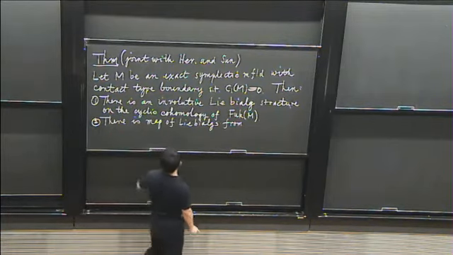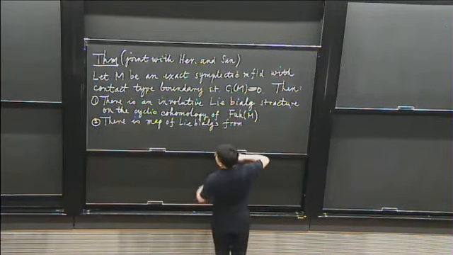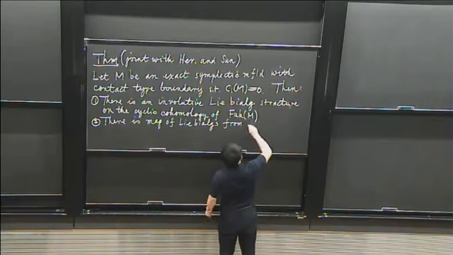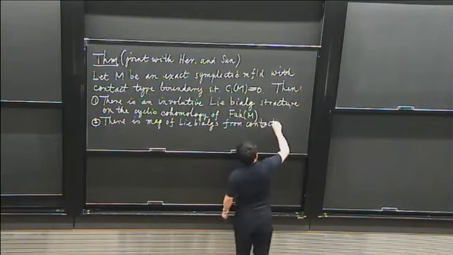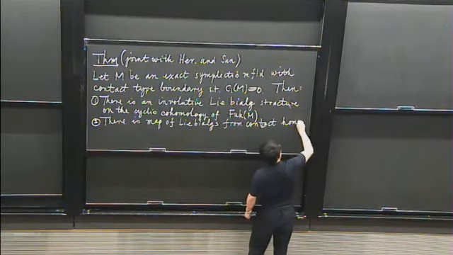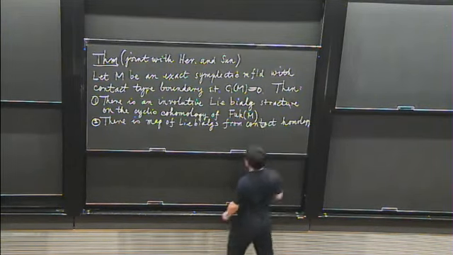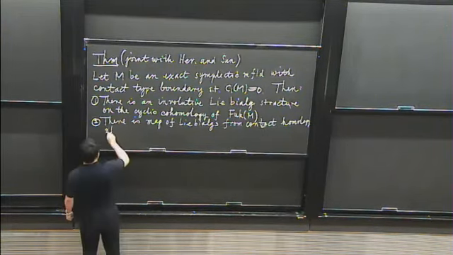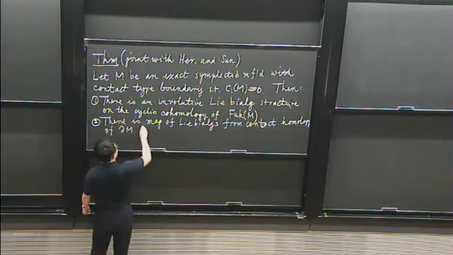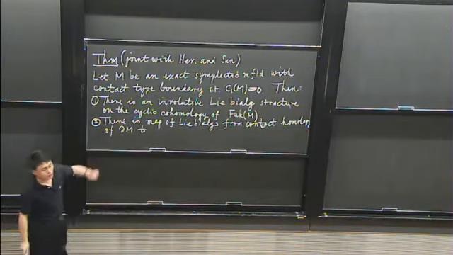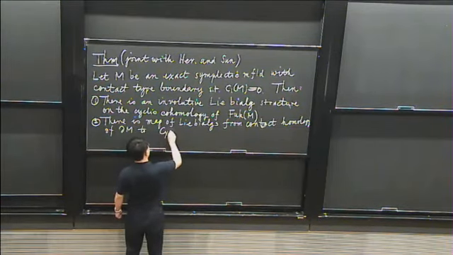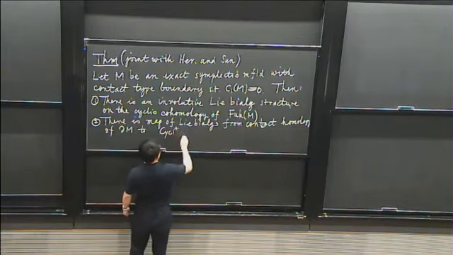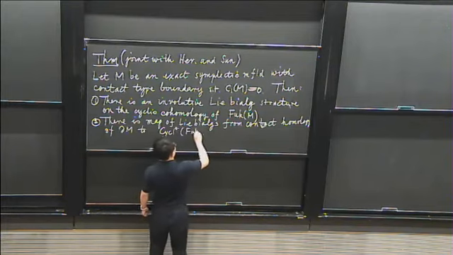So there is a map from the Lie bialgebra, from the contact homology of the boundary of M, to the cyclic cohomology of the Fukaya category. Let me just write it like this: the cyclic cohomology of the Fukaya category of M.